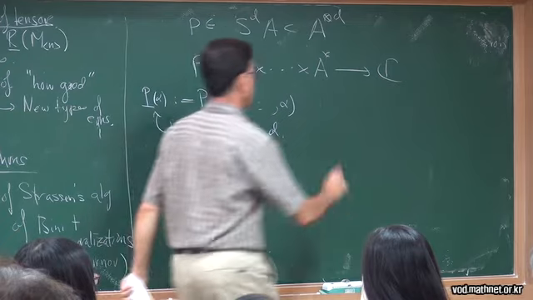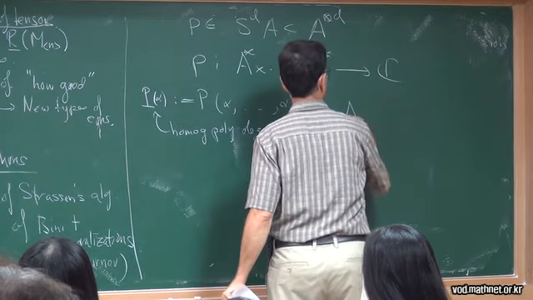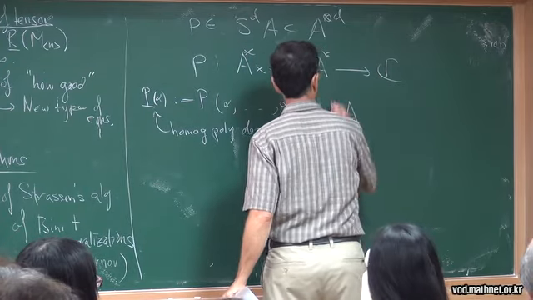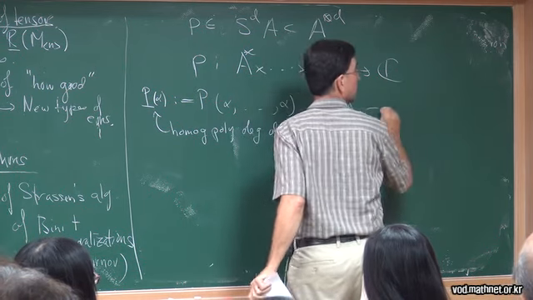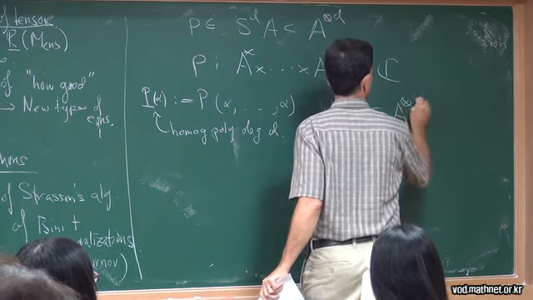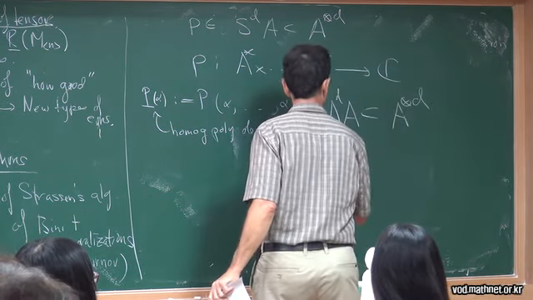There's another important subspace in here, which I'll denote Λ^d A, sitting inside the tensor power A^{⊗d}. And these are the skew symmetric tensors.